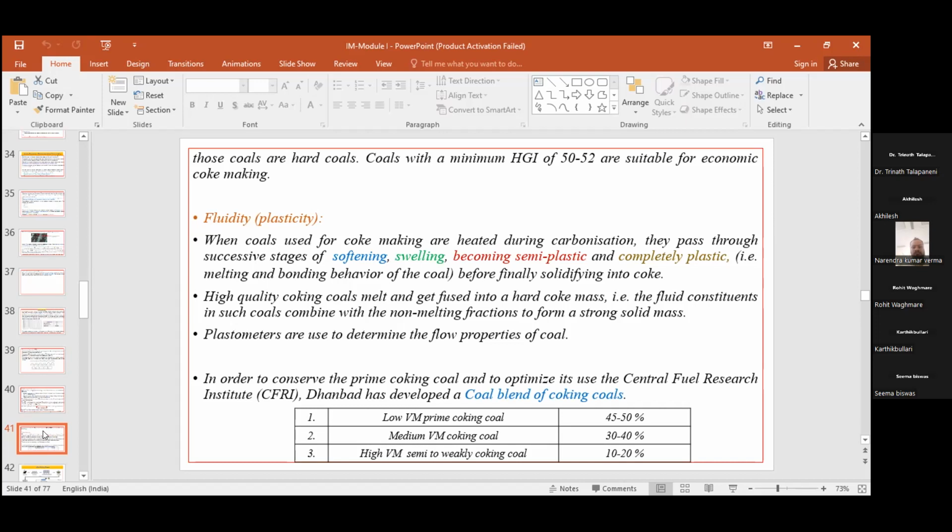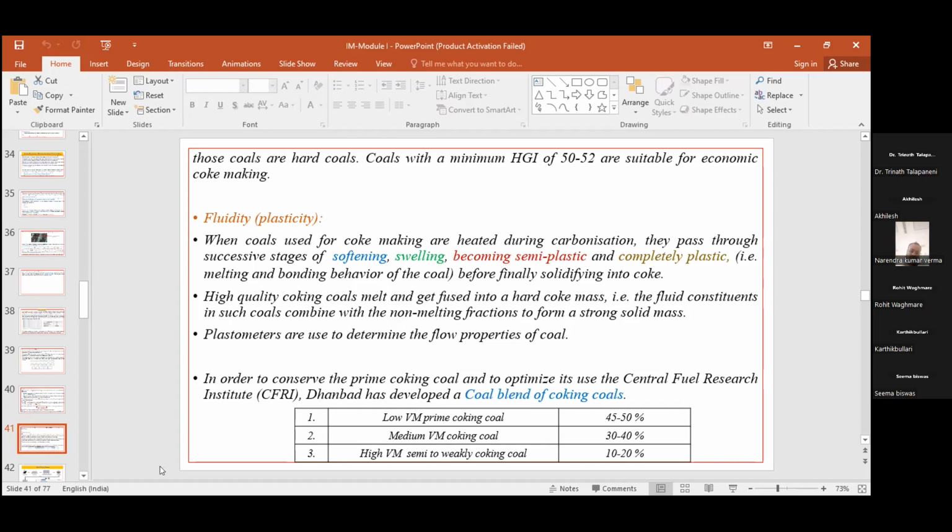And the proportion of these coals should be present within that coal cake in an appropriate quantity. That combination was designed by CFRI, Dhanbad.